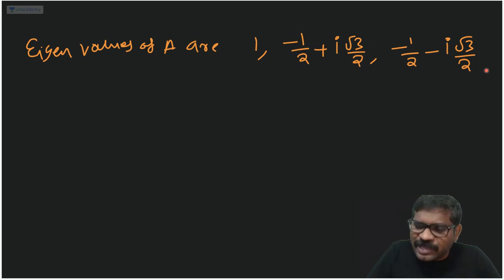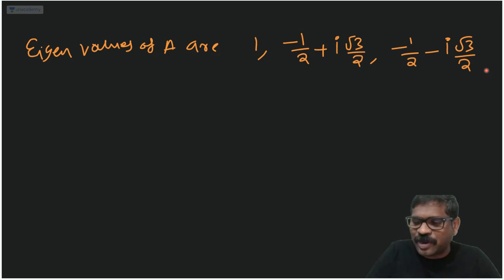So to calculate trace of A power 102, shall we multiply matrix A 102 times? That is a foolish thing. With the help of eigenvalues, we have to calculate the trace. So we have to calculate eigenvalues of A power 102. Eigenvalues of A and A power 102 are not same, Laksh. Eigenvectors are same, values are not same.